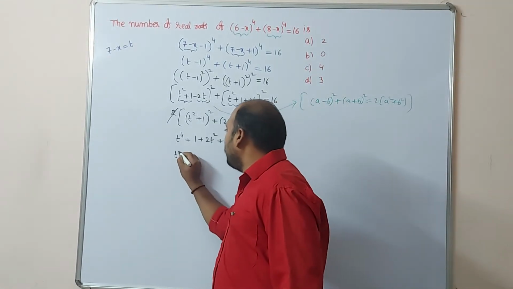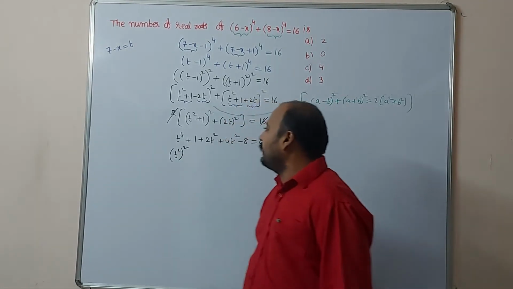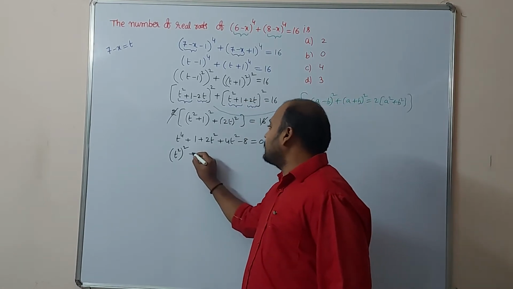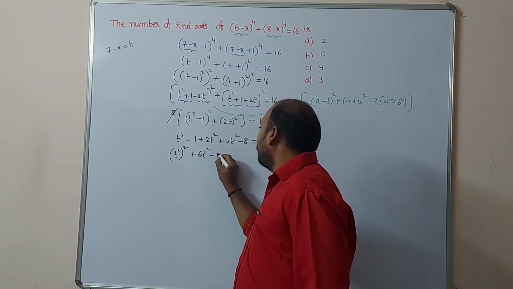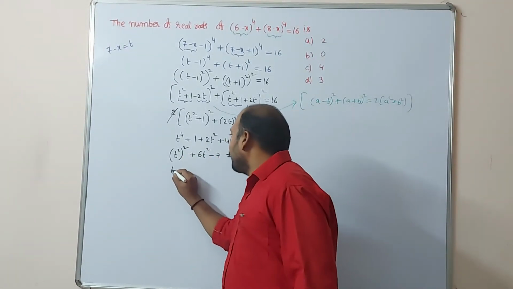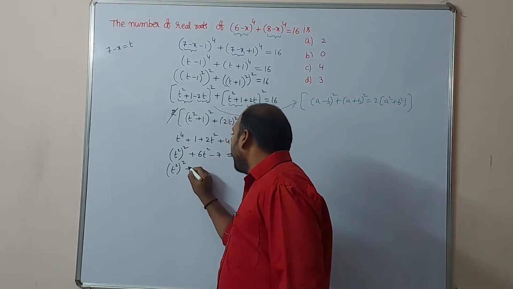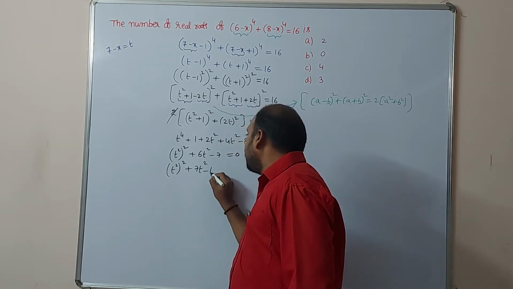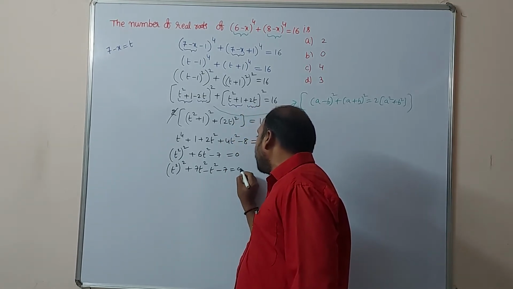So t power 4 can be written as (t square) whole square. 2t square plus 4t square is 6t square, minus 8 plus 1 is minus 7, equal to 0. Factorization: (t square) whole square plus 7t square minus t square minus 7 equal to 0.